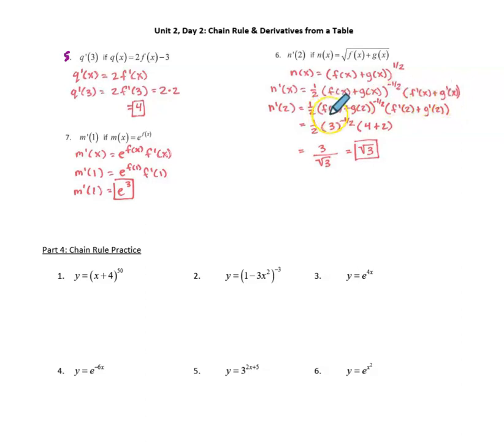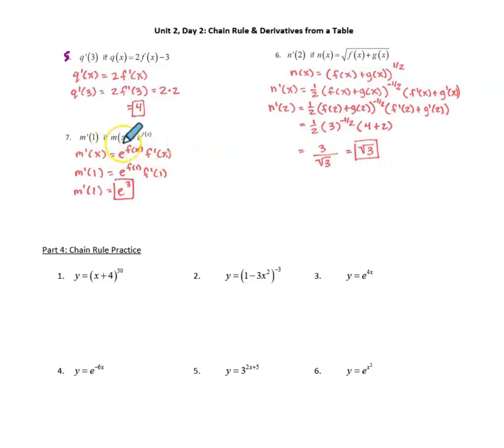Now sub in the 2's, so you have f of 2 plus g of 2 in the parentheses here, and then f prime of 2 plus g prime of 2 in the parentheses. And then when I evaluate all of these from the table, f of 2 plus g of 2 is 3, f prime of 2 is 4, g prime of 2 is 2, simplifies to 3 over rad 3, which is just rad 3.